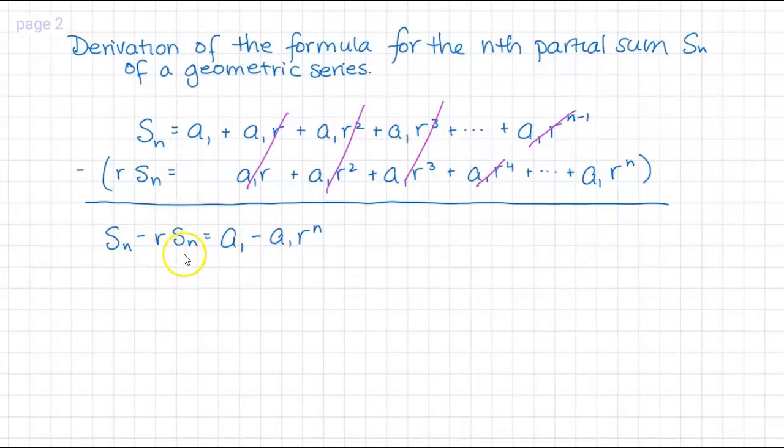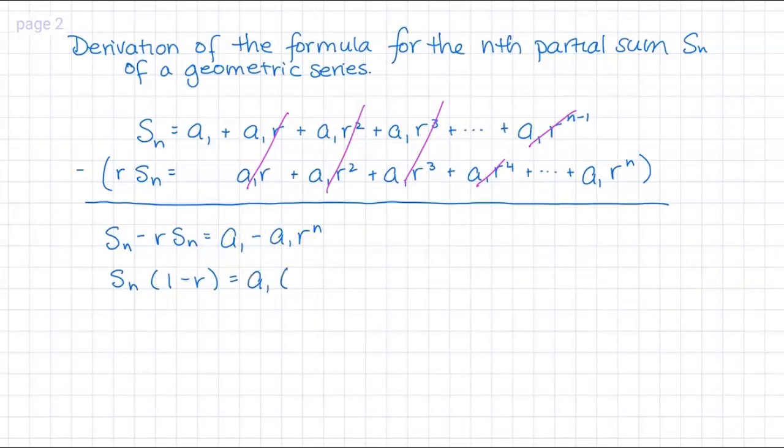And now I actually have a formula that's going to be useful. I can go ahead and take this formula and solve for S sub n. I'm going to factor that out, and I'll have 1 minus r. You don't have to factor out the a sub 1, but when you see the formula written in most books, and I think it's just because it is easier to work with, we usually factor out the a sub 1.